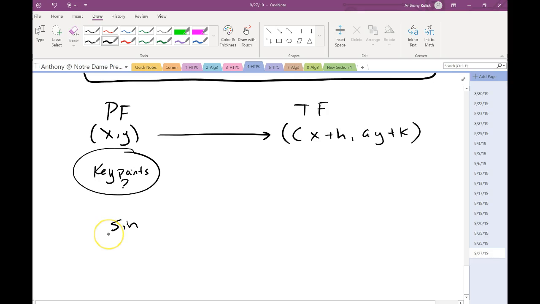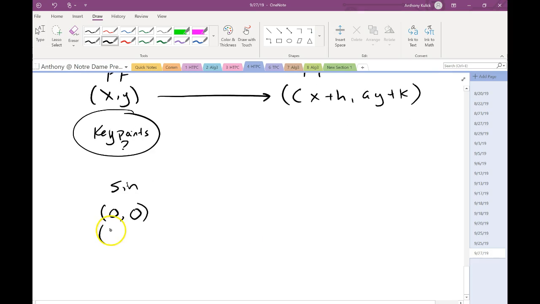Well, for sine, the key points I'm going to use are the values of sine at 0 degrees, at 90 degrees, at 180 degrees, 270 degrees, and then again at 360 degrees. But when we're graphing these things, instead of using degrees, we typically use radians. So at 0 degrees, sine is 0. At 90 degrees, sine is 1.